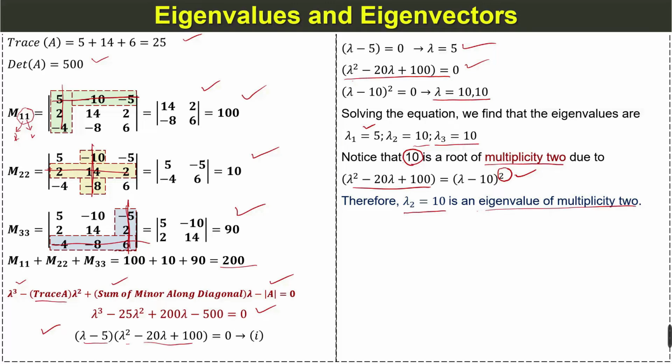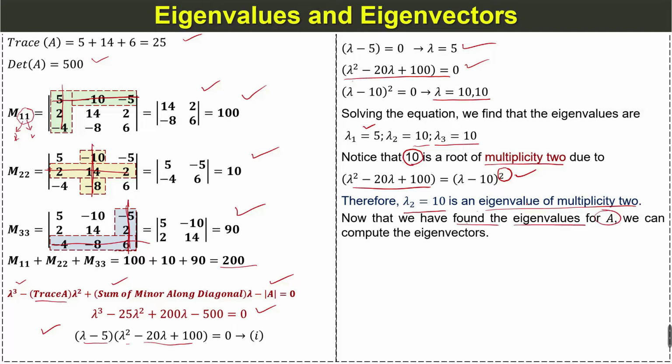Now that we found the eigenvalues for A, lambda 1, lambda 2, and lambda 3, that are the eigenvalues of the matrix A, we can compute the eigenvectors.